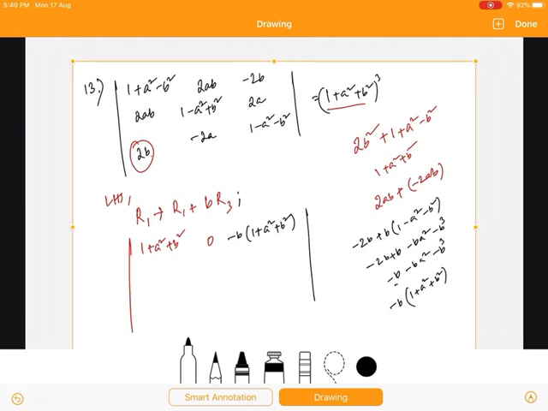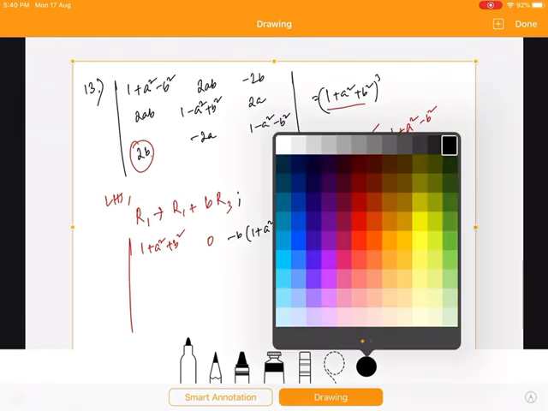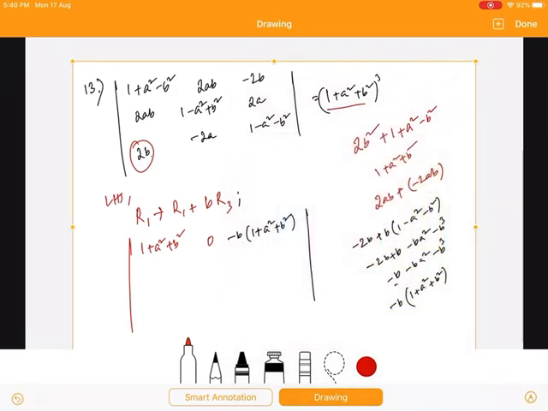Now look at these two. Tell me what operation should I do? Now you tell me. Look at these two elements. Now tell me what operation should I do to get 1 plus a square plus b square? Tell me fast. What operation should I do to get 1 plus a square plus b square? Tell me.